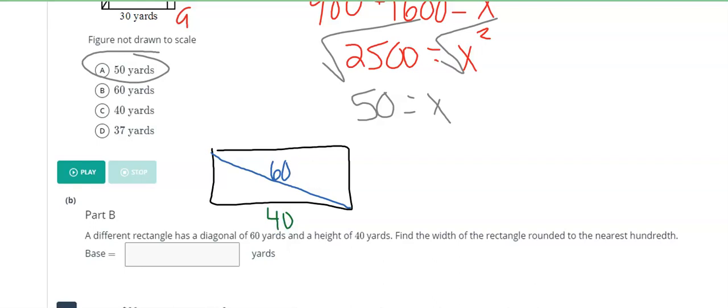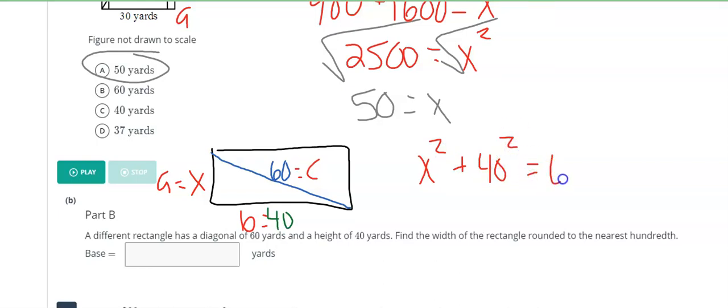So we are looking for the side length. Again, we can set that as A, this is B, and this is C. So I have x squared plus 40 squared is equal to 60 squared.